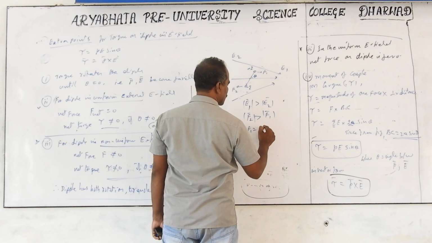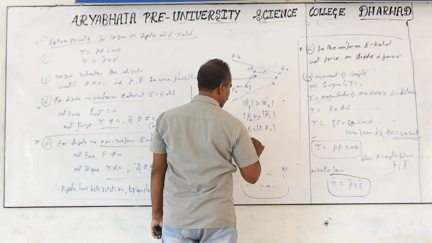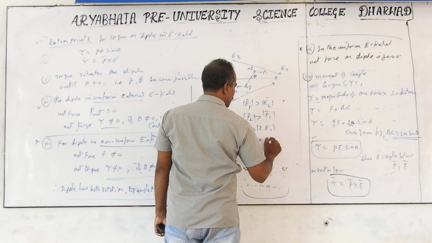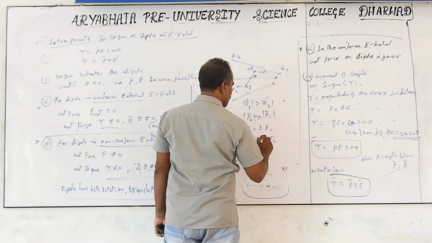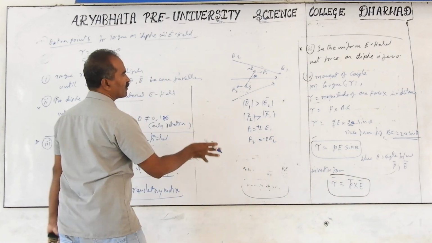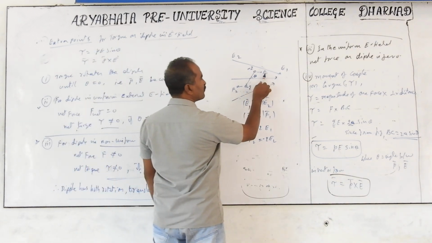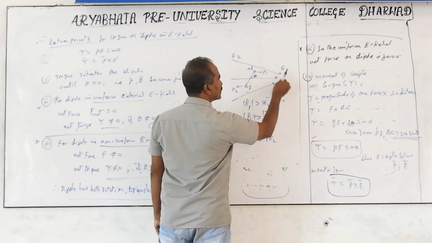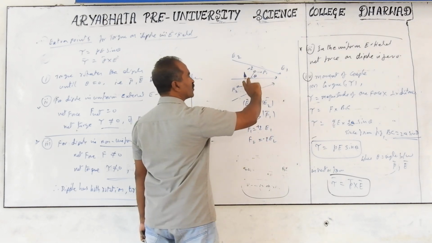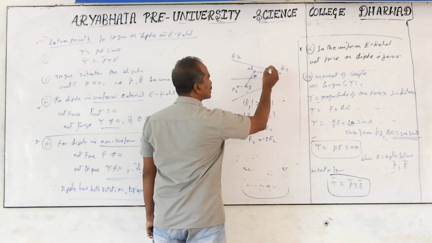F1 equals Q into E1 in magnitude, and F2 magnitude is Q into E2, which is more than this. That means the forces are not equal. When the forces are not equal, what happens? It will try to go to one side. But the torque is also acting, so it rotates until theta becomes equal to 0. So it has both rotational motion and translational motion. It rotates like this and moves.